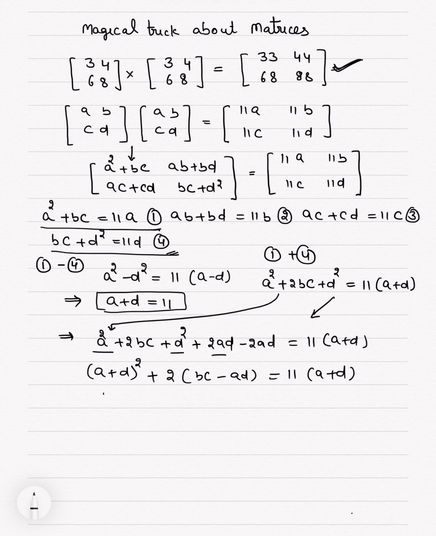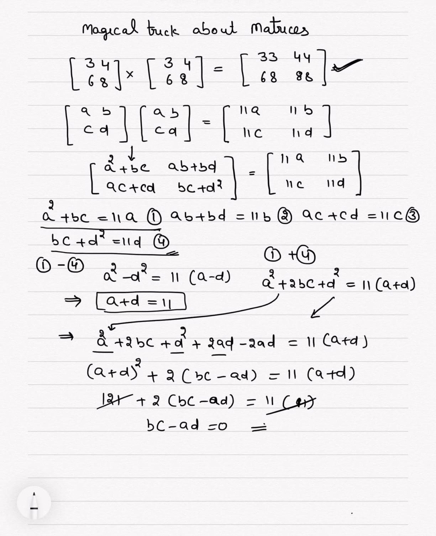Now, put in 11, you will get 121 plus 2 times BC minus AD is equal to 11 times 11. Now, this will cancel and what you will find? BC minus AD is equal to 0.